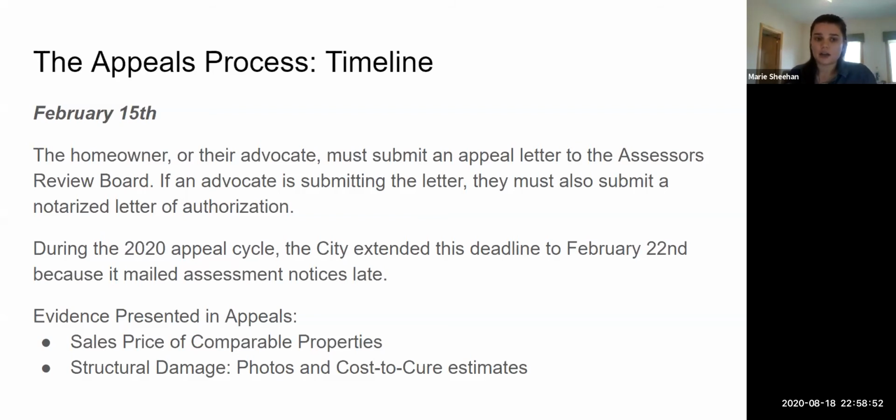So we would say, there are particularities to this house that the assessor did not consider, including maybe there's a crack in the foundation, or a perpetual leak in a window that's now led to rot in this particular wall, or there's a mold issue, or a termite issue, or this bathroom just doesn't work. They haven't fixed it yet, or they're in the process of fixing it. And so we would help homeowners take photos of that damage and describe it in the letters, and include that in the letters as well.